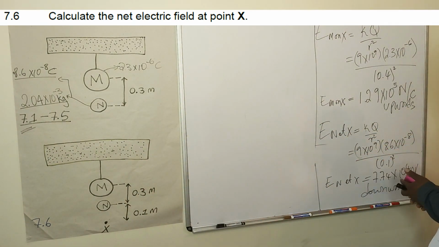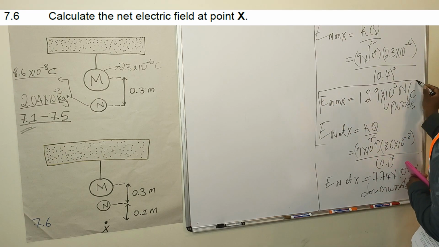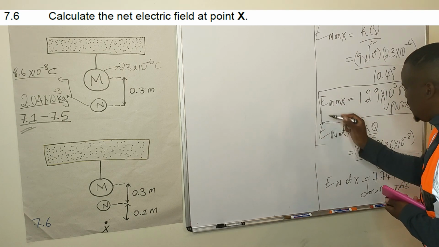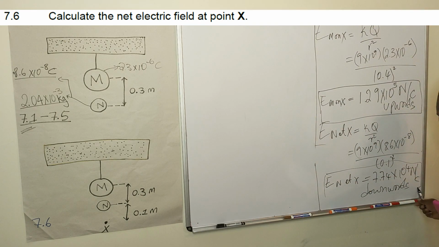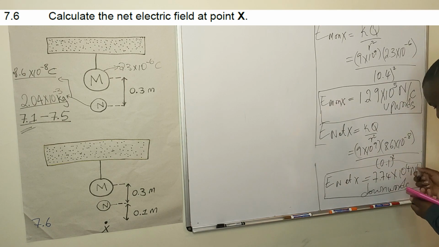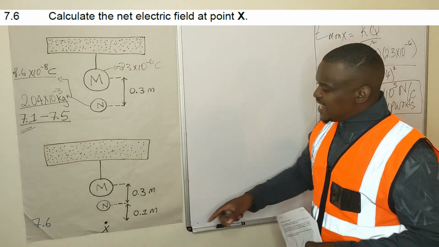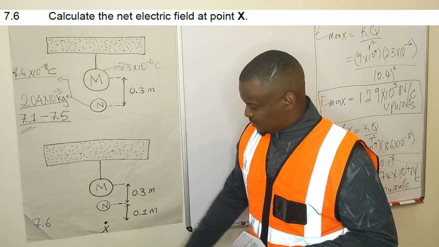So we had that the electric field at X due to M was this one here, and the electric field at X due to N is this one here. Now what we're asked to find is the net electric field at X.